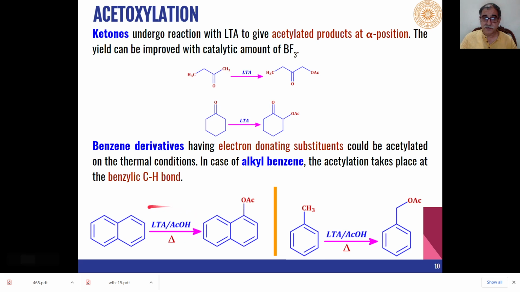So, for example, naphthalene is oxidized to 1-acetoxy naphthalene when lead tetraacetate is used in the presence of acetic acid. Similarly, this toluene undergoes acetoxylation at the benzylic carbon-hydrogen bond to give us these types of acetoxylation products.